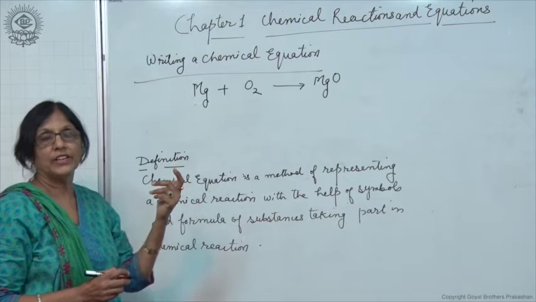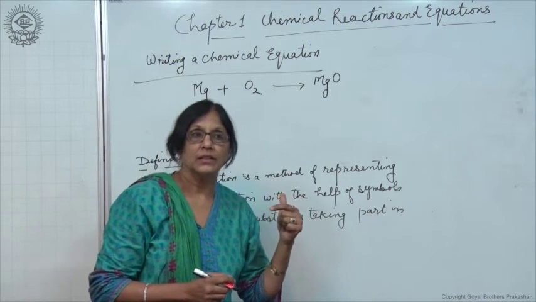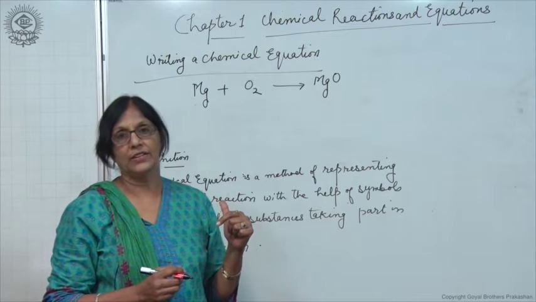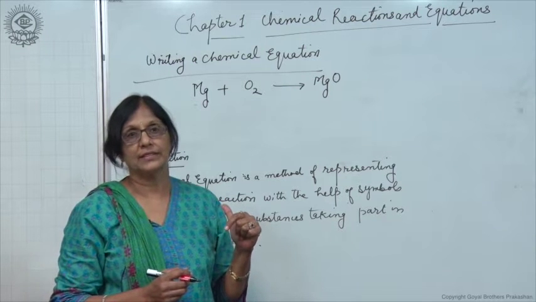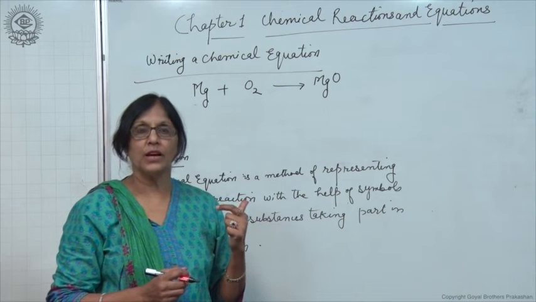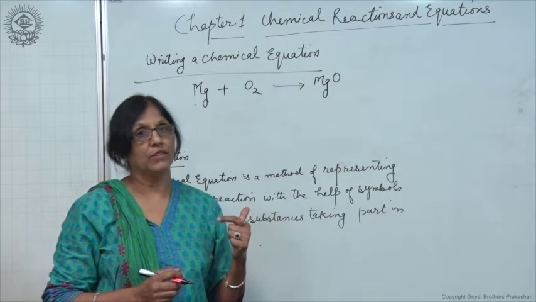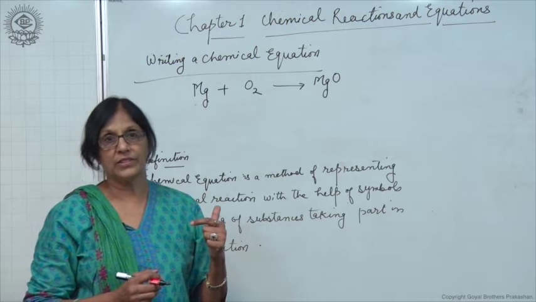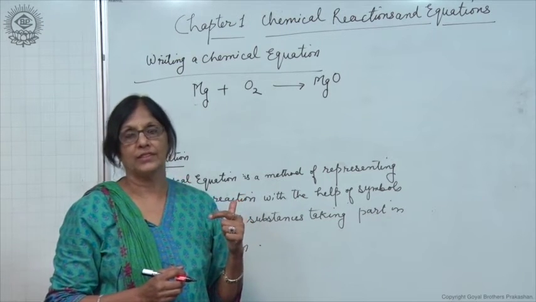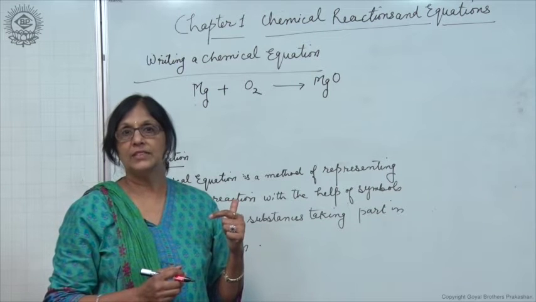In the second activity, zinc reacts with hydrochloric acid and it forms zinc chloride and hydrogen gas. So, you should know the formula of zinc. What is the formula? Zn. And what is the formula of hydrochloric acid? It is HCl. And the formula of zinc chloride, ZnCl2.